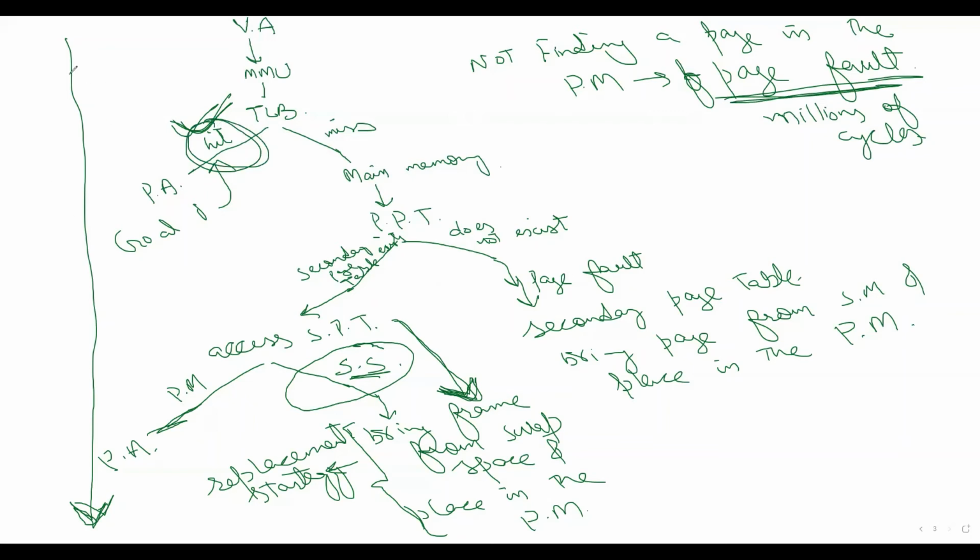And this whole scenario is taken care of by the memory management unit. I am not going into the detail of the memory management unit, how actually we bring frames from the swap space, because it is out of scope of this lecture.